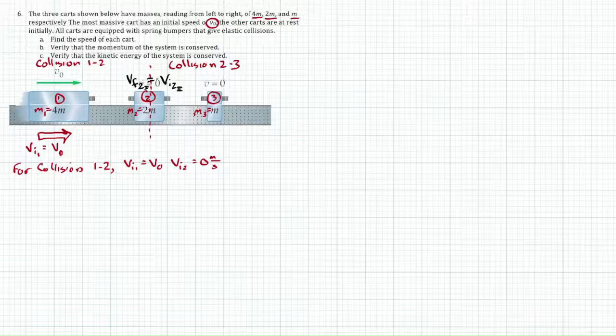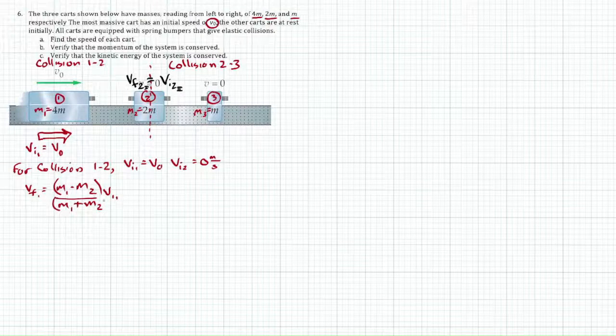Okay, so let's go about finding the final velocity of cart 1 and cart 2 for collision 1 and 2 right here. Okay, well, going back to our equations, and we can use the shorter versions, we can say that the final velocity of object 1 is going to be (m1 minus m2) over (m1 plus m2), all times the initial velocity of 1.